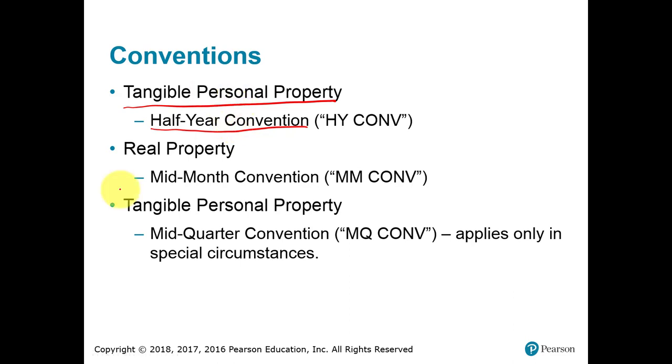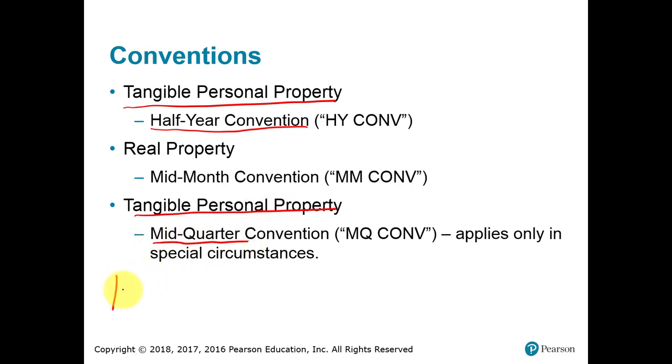Now, if a lot of that tangible personal property is bought in the later part of the year, really in the last quarter, then you have to use a different convention called mid-quarter.